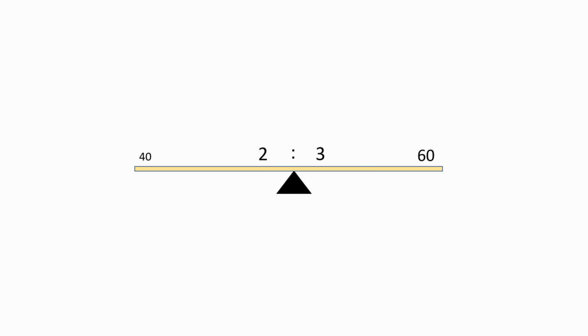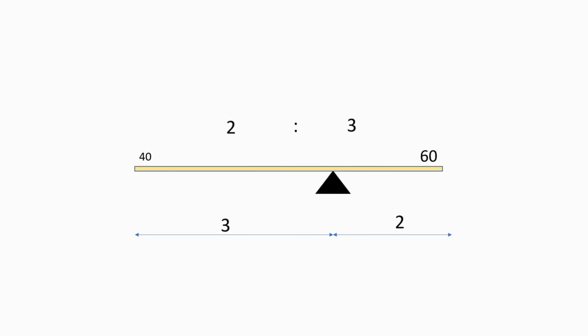You know how? Just take the reciprocal of the ratio, which is 3:2. This is the distance between the people and the pivot. It means that the pivot should be 3 times from class A and 2 times from class B, and the pivot should be here exactly. I'm going to move the pivot here.